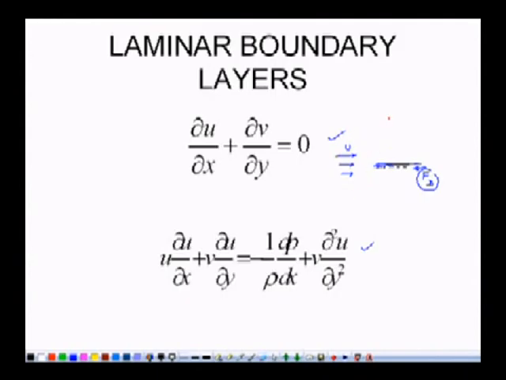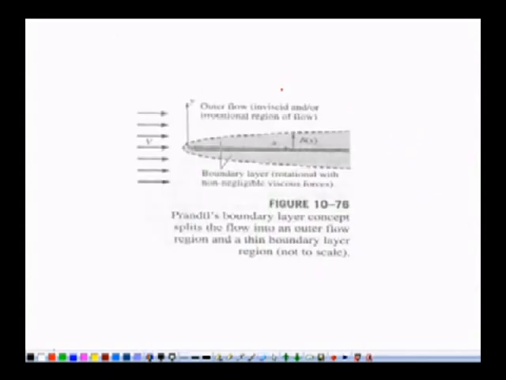So, in 1904 Prandtl, he was a German scientist, he studied and gave the concept of the boundary layer. So, according to this concept, what he did, he divided the flow over a flat plate.